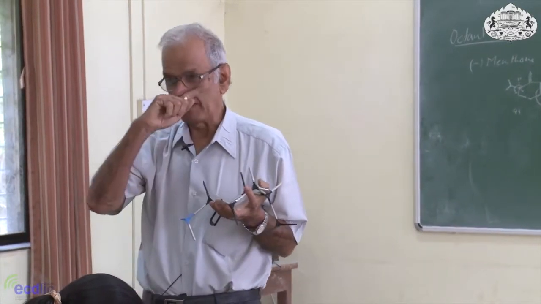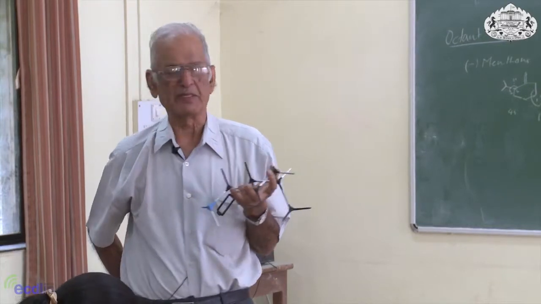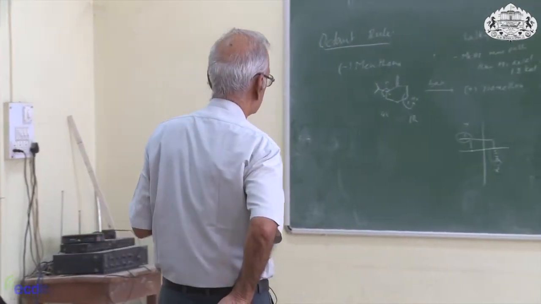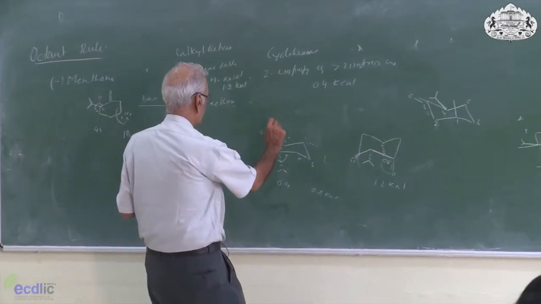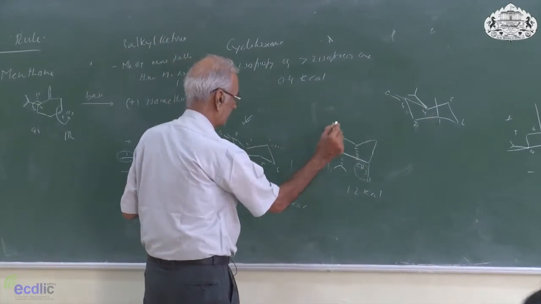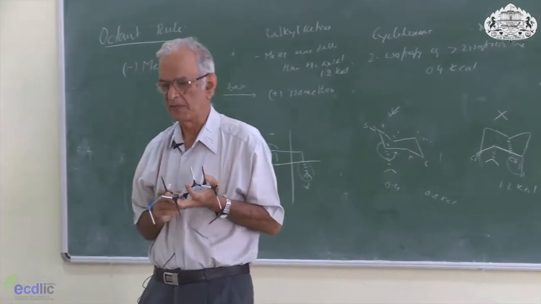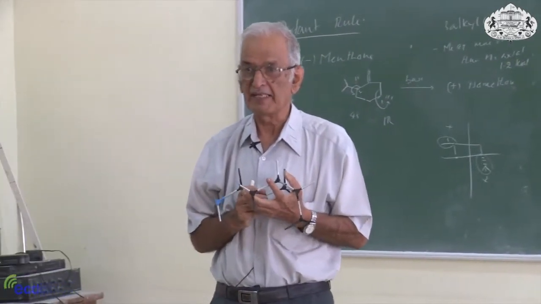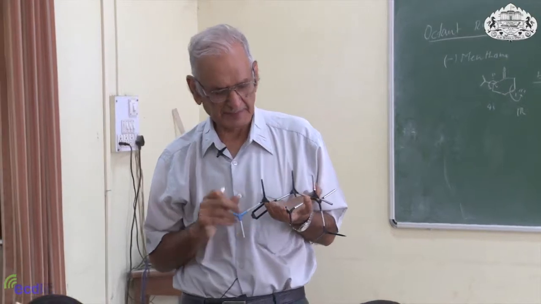And we also learnt the meaning of the 3-alkyl ketone effect. The final part of the story is that, out of the two chair conformations, this chair conformation is preferred over this chair conformation, and this is confirmed by the strong positive Cotton effect.